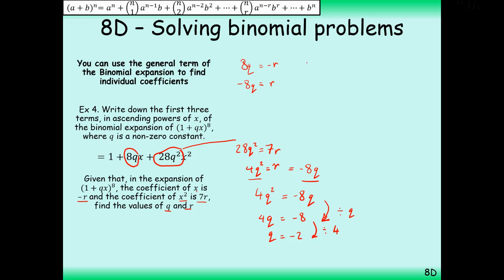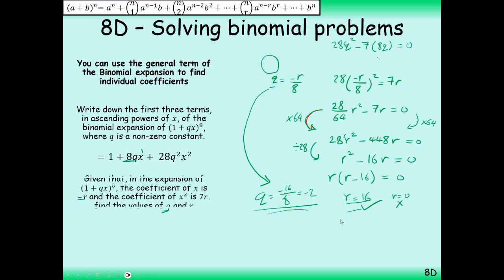You go back here and you substitute q equal to minus 2 in this expression here. Minus 8 times minus 2 equals 16, and that's the value of r. Does it make sense? Yes, of course. Alright, so that's my working out.